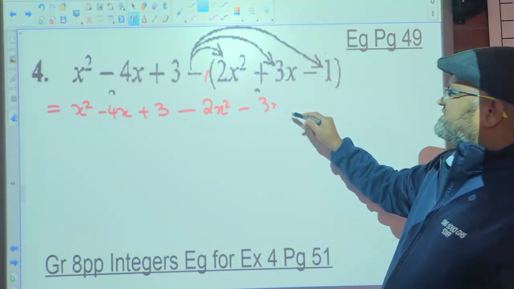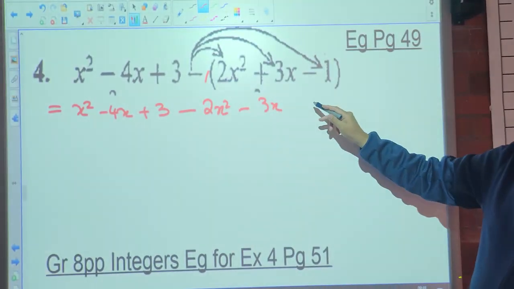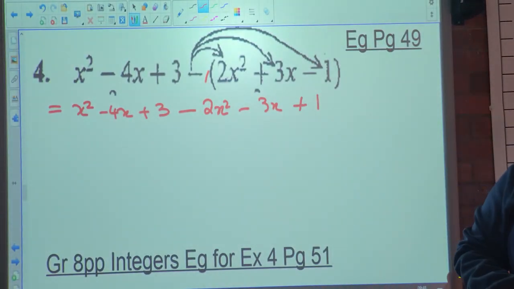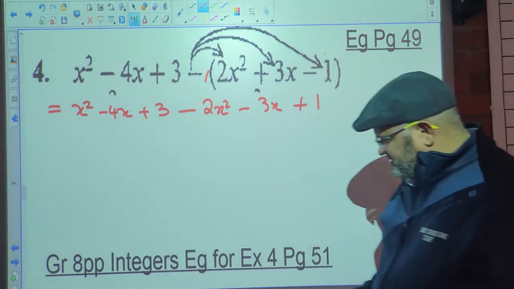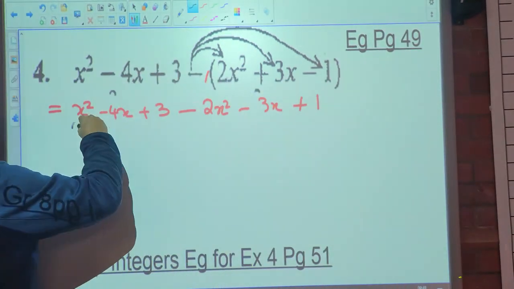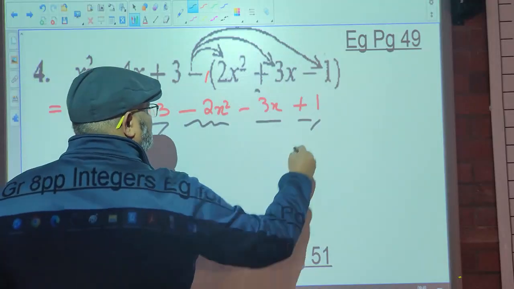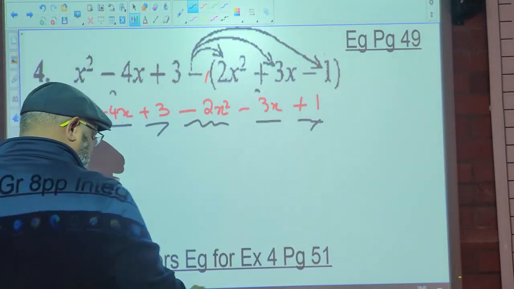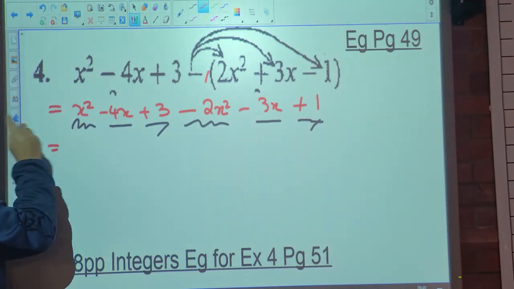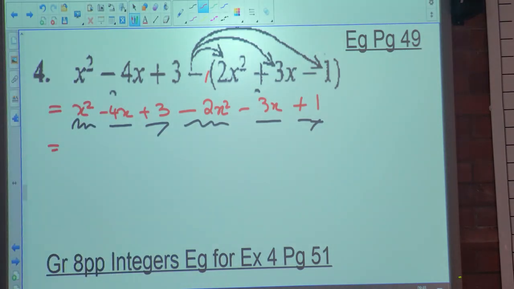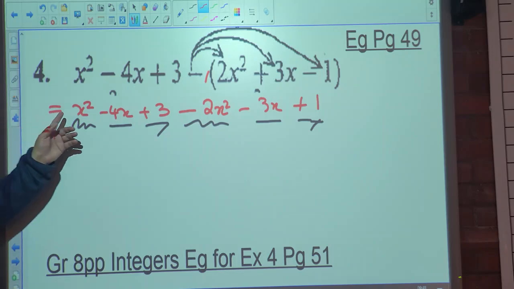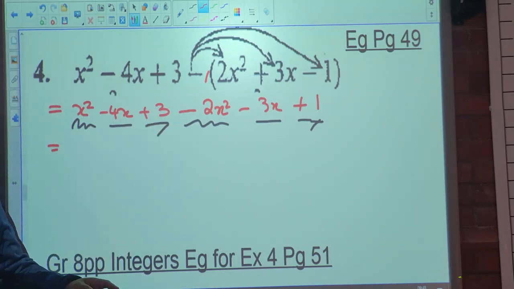Negative 3x. Negative 1 times negative 1? Positive 1. Now what? Like terms. What is x squared minus 2x squared?